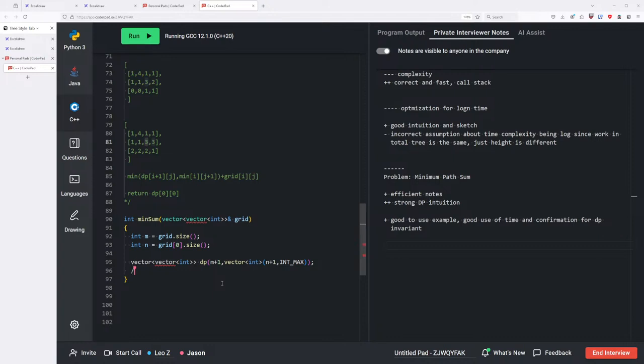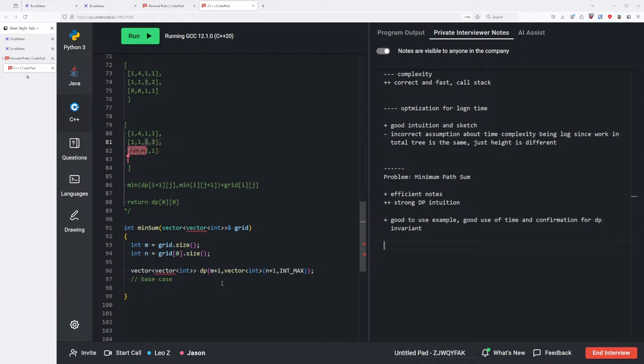And then for our base cases, well, technically, when we're doing it, we want another row at the bottom.